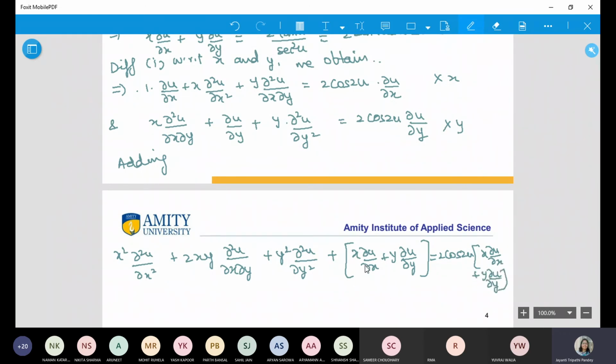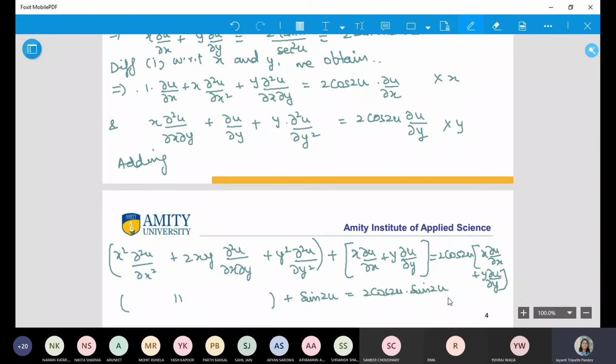Same thing as we did in the previous question. Now this part as it is plus this value is how much? This value was sin 2u, so sin 2u plus sin 2u is equal to 2 cos 2u into sin 2u.